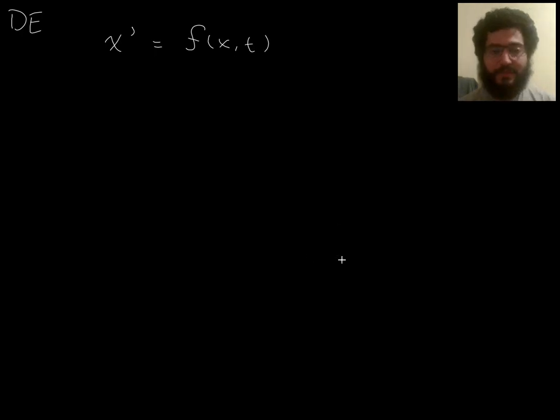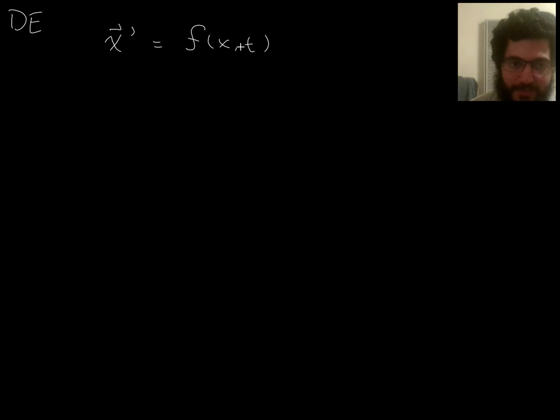So previously, what was a differential equation, at least a first order differential equation, was something like x prime equals a function of x and t, right? Well, if we interpret the notation correctly, we can basically still say this, as long as we now treat x as a vector valued thing.